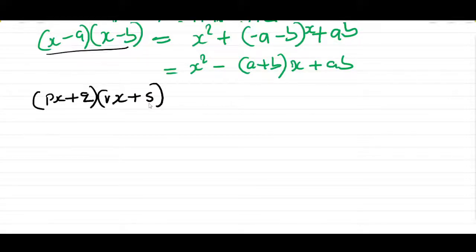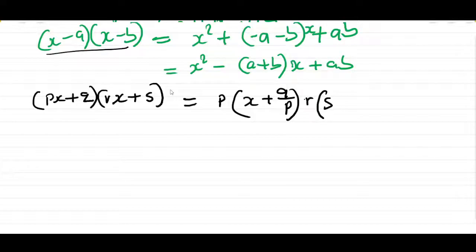So p will come out, then we'll have x plus q over p, and then r will come out, and we'll have x plus s over r. The reason for that: p comes here, we have px, then p cancels p, and we have q. Likewise for r, we have rx, then r cancels r, and we have s.